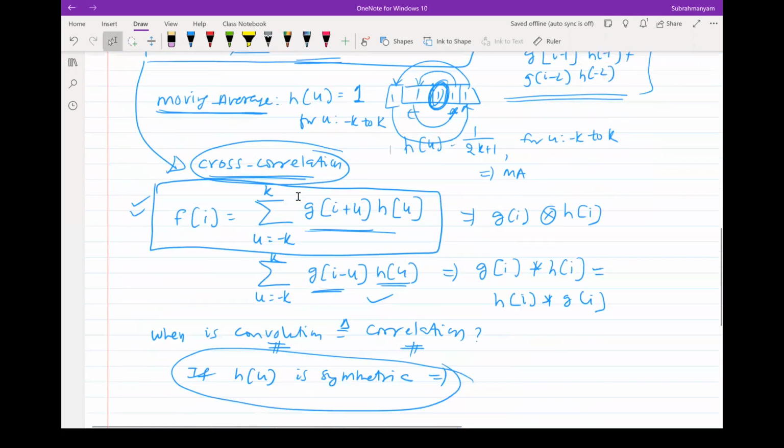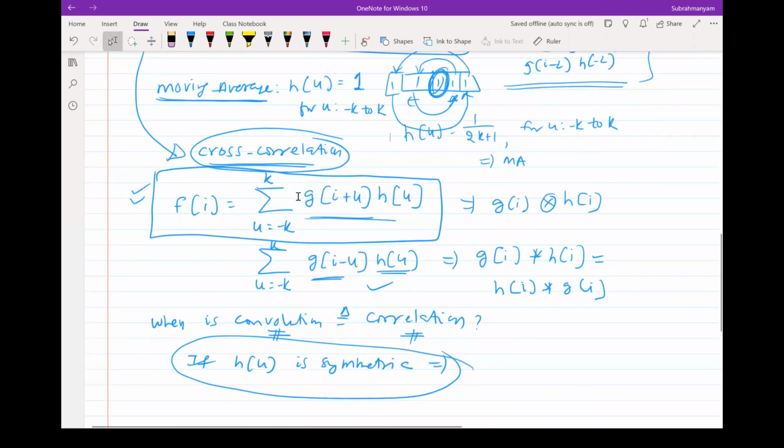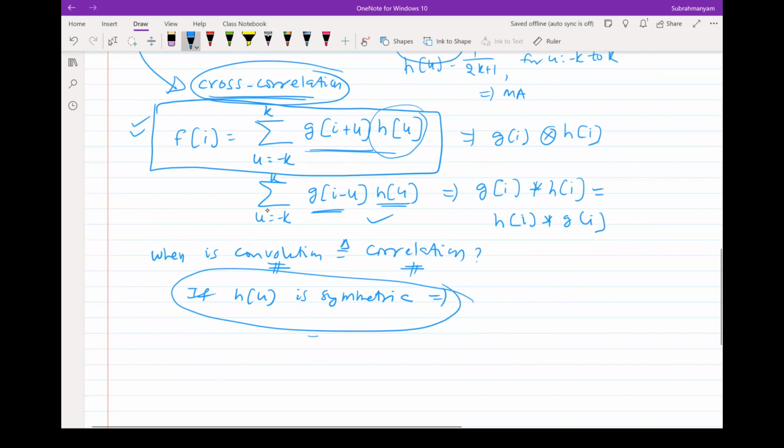You don't have control over the image that is going to come, so we rather focus on the kernel you are going to use to perform some operations on a given image. So if h of u is symmetric, then convolution and correlation are the same.